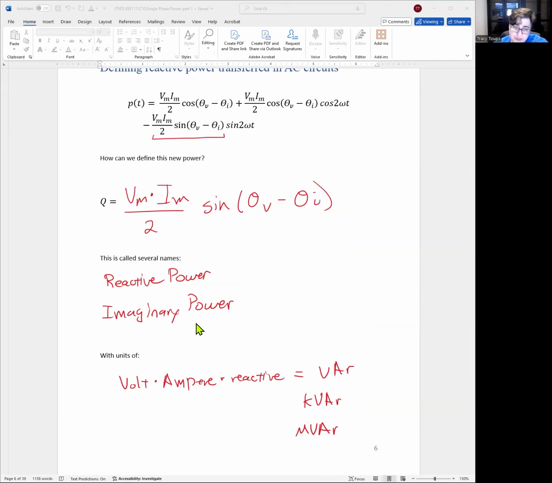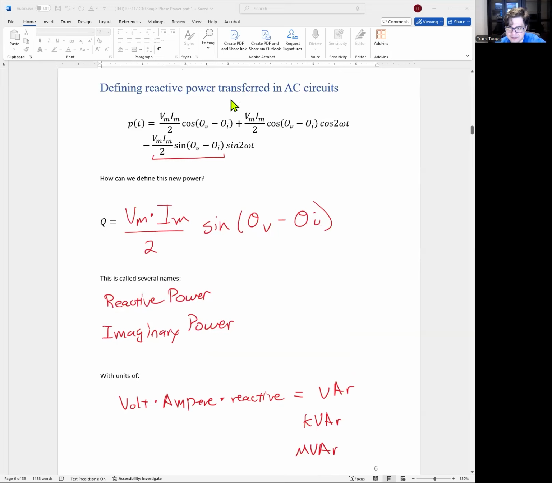Now, what type of units are we going to use for this? We're going to use volt amperes reactive. They say volt amperes because it is voltage multiplied by current. And they put reactive to represent that it's reactive power. Otherwise, you might get confused because volts times amps is instantaneous power. So we need to make a difference.